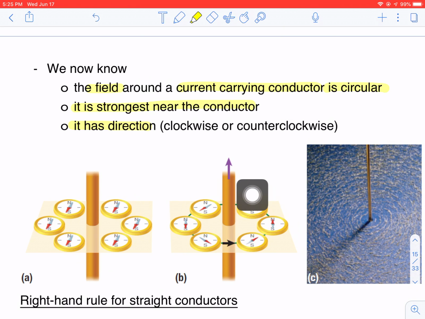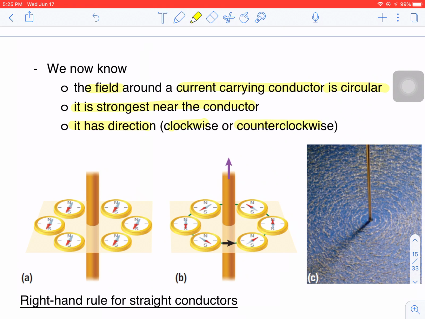It goes behind the wire and then around to the front. So it's kind of going counterclockwise. Right? It's going in the opposite direction. Clock would go this way, right? This is going the opposite direction, right? So it has a direction, and our direction is defined in terms of clockwise or counterclockwise.